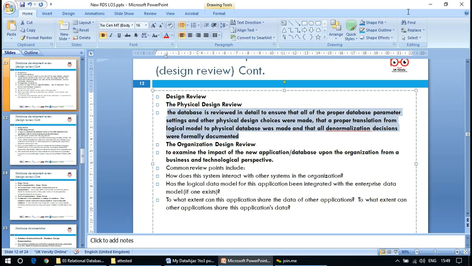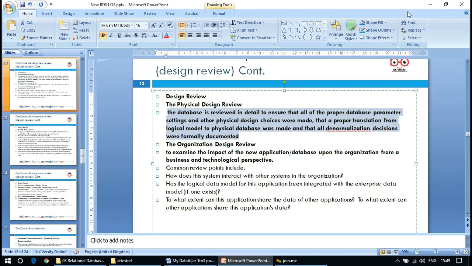Next is organizational design review, to examine the impact of the new application upon the organization from a business and technological perspective. So how the application will help the organization from the technical point of view and from the business perspective, would it give benefit to the company or not?